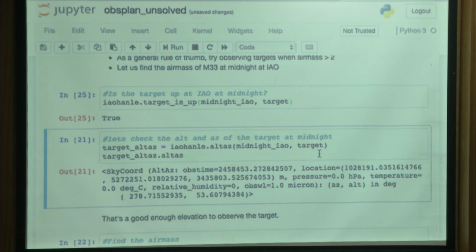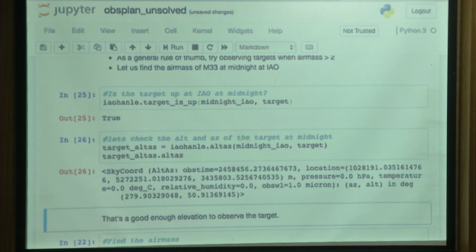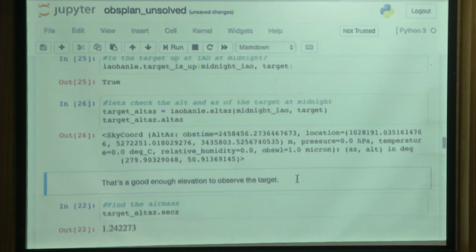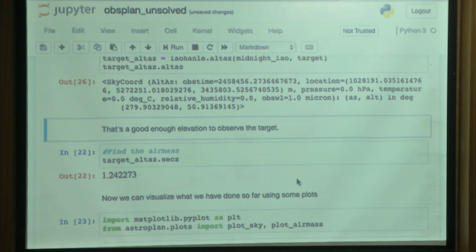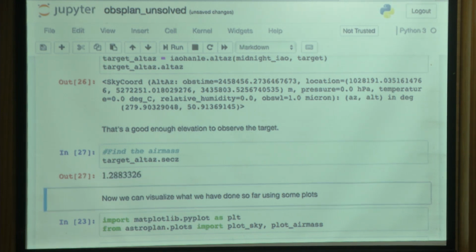Now let us convert the RA Dec of M33 to the local AltAz system, and well, we get an altitude of 50 degrees. Right, so that's a good enough altitude to observe the object. The air mass is not very high. What is the air mass? Well, you can calculate the air mass using the sec z function. So the air mass at midnight for M33 is around 1.3. So well, it's lower than 2, so we can go ahead and observe.